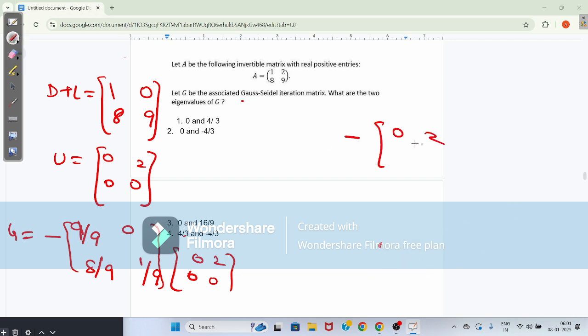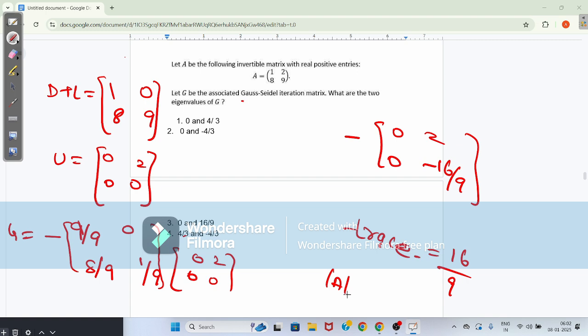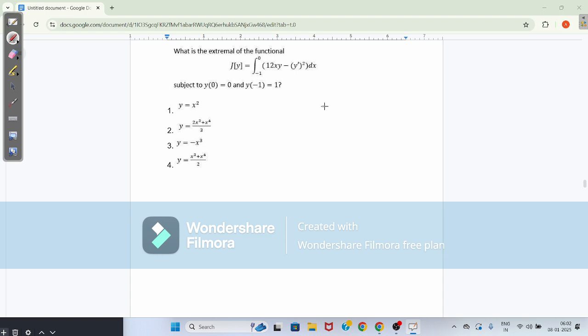Minus of 0 2 0 minus 16 by 9. Now take the trace, what will we get? 16 by 9, and the determinant gives 0, so 0 and 16 by 9.